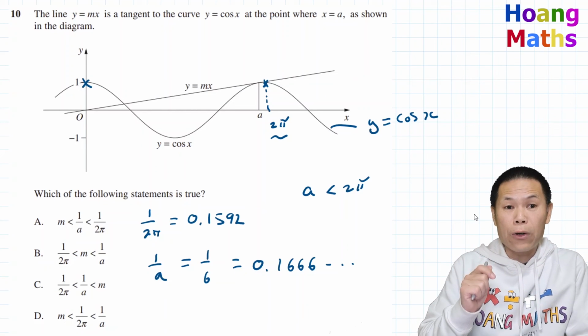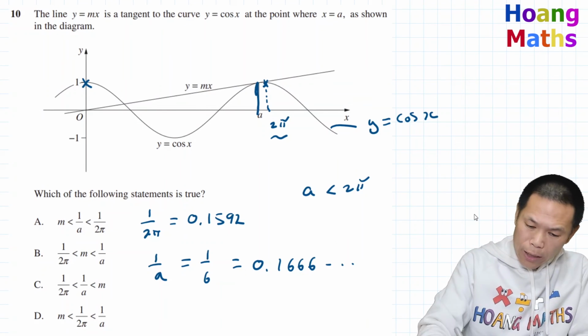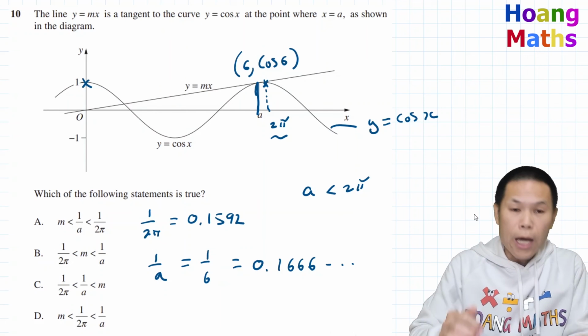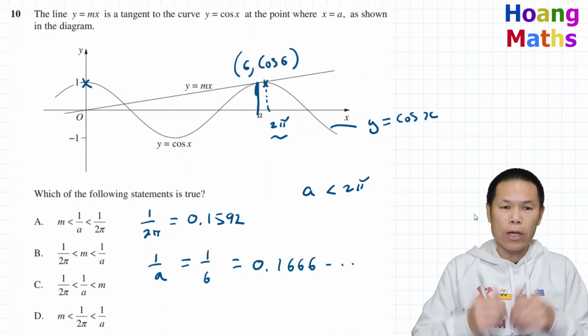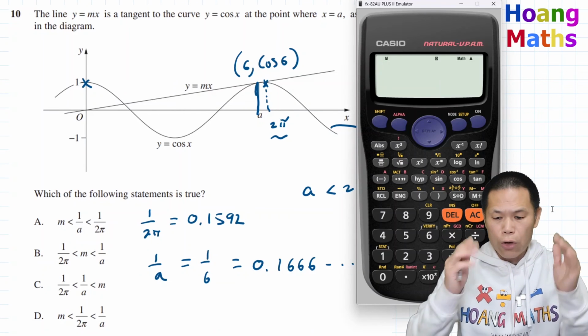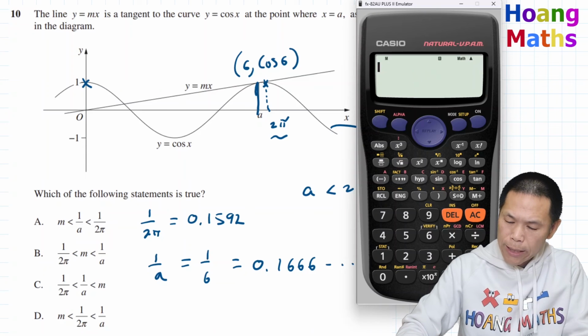And then to find the gradient, we know that if A is 6, the gradient is rise over run, right? So we have 6 here, and the function is cos of 6. And don't forget, 6 is in radians, so I have to convert the calculator to radian mode. So I just go shift, setup, convert to radian, and I say cos of 6.